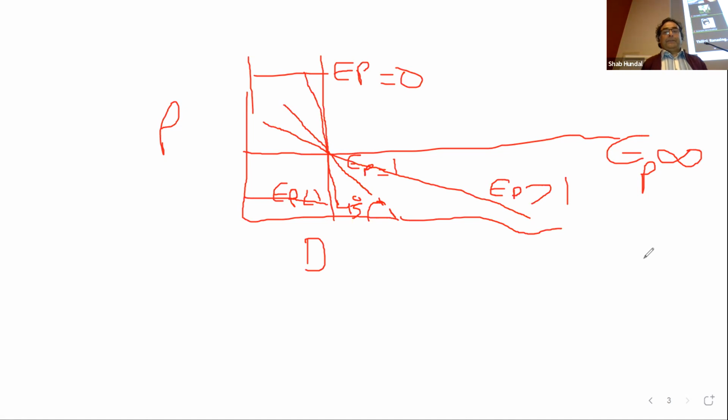In this case, the price increases by a very minuscule amount, and demand becomes 0. Demand reacts so much, and when the price falls a wee bit, demand goes as far as infinity. The example which you are giving, to me, falls more in this category.